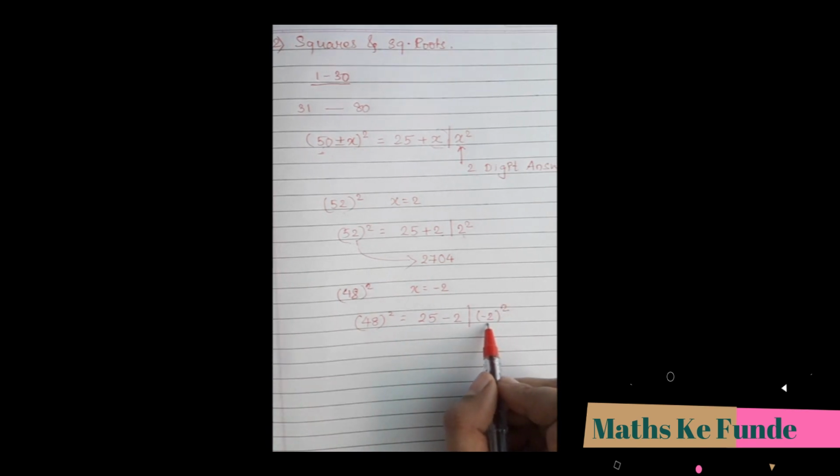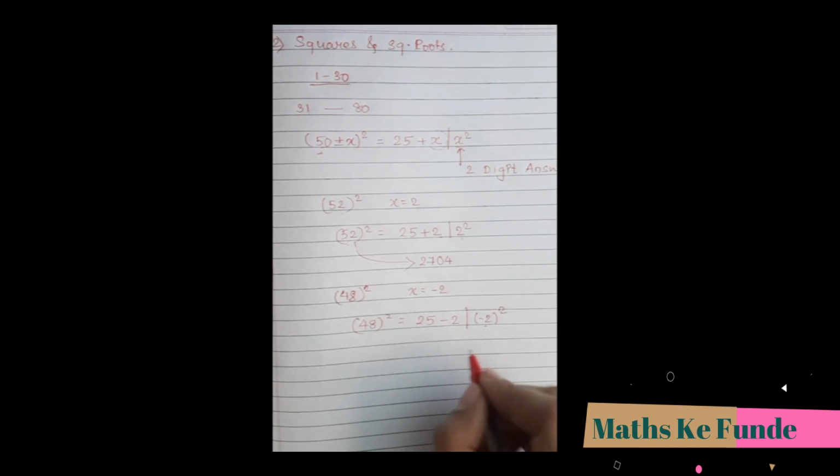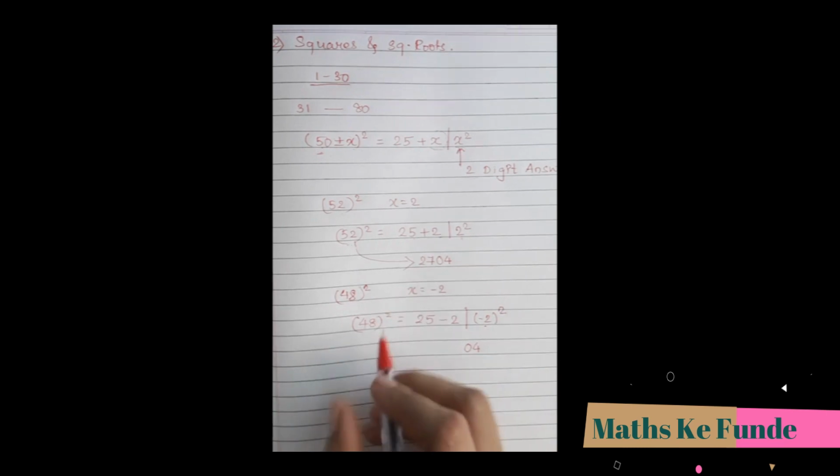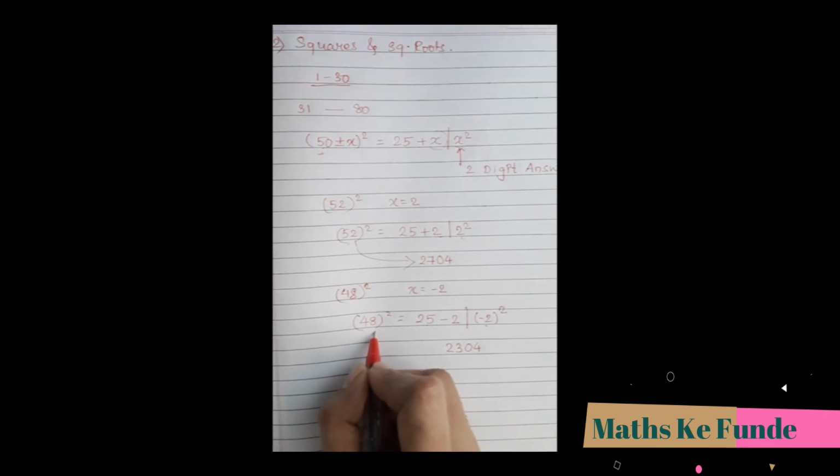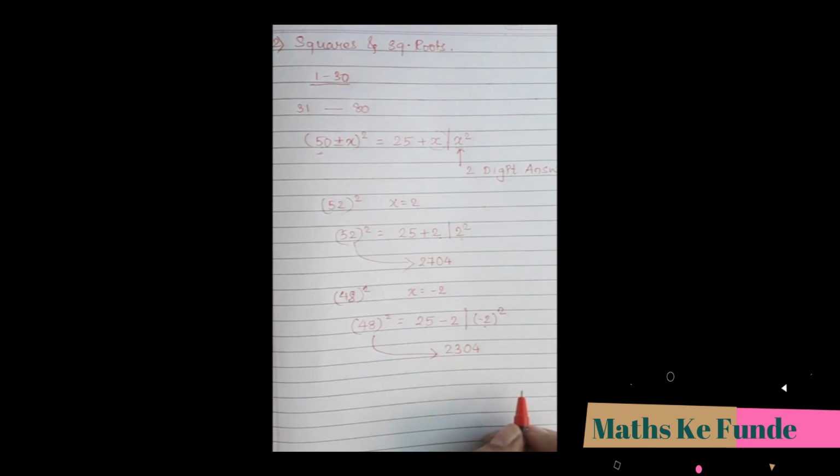Again, minus 2 square is going to be 4, but I need to make it 2-digit. So it's going to be 04, preceded by 25 minus 2, which gives me 23. That's the square of 48. I hope this first method is clear.